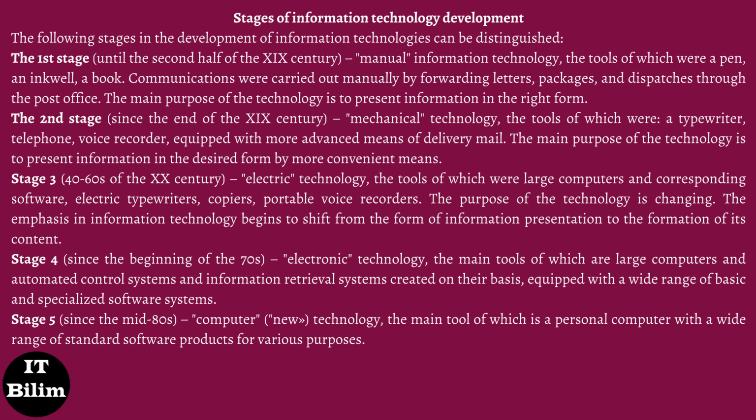Stage 5, since the mid-80s, computer, new technology, the main tool of which is a personal computer with a wide range of standard software products for various purposes. At this stage, the process of personalization of the automated control system takes place, which is manifested in the creation of decision support systems by certain specialists.